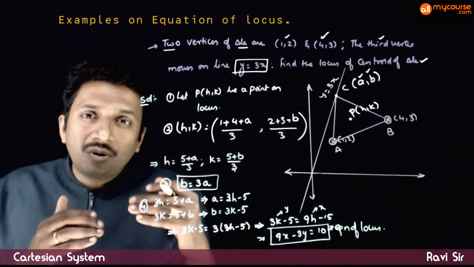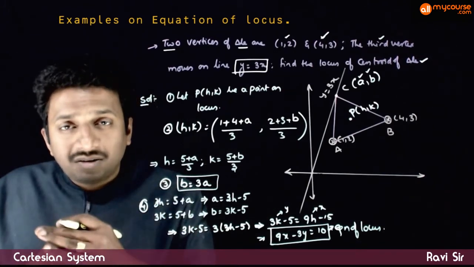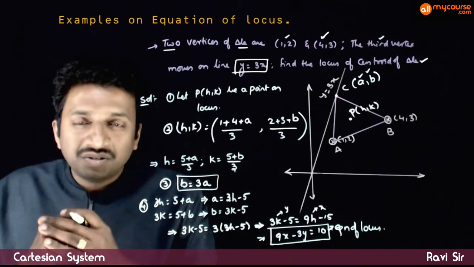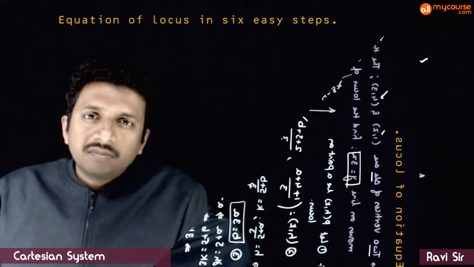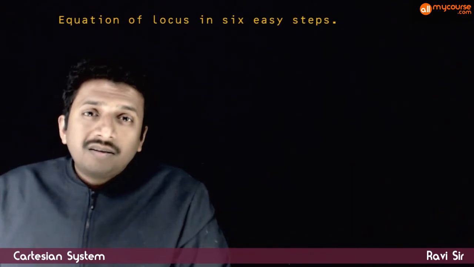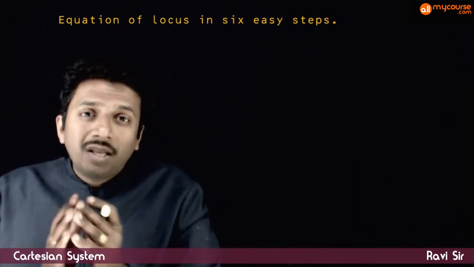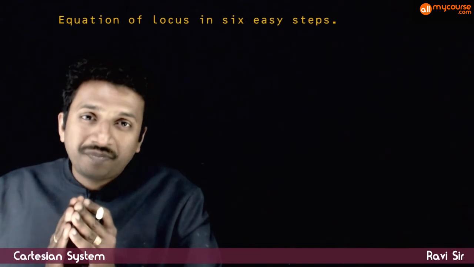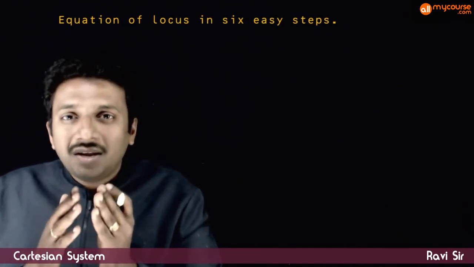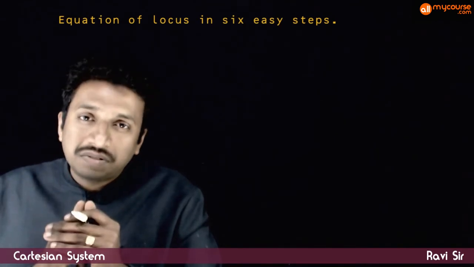As we go on in our knowledge of coordinate geometry, you get more and more complicated questions on locus. So welcome students. In this video, let us look at the steps that are involved in finding the locus of a point. You have a very standard algorithm by which you can do most of the locus questions.